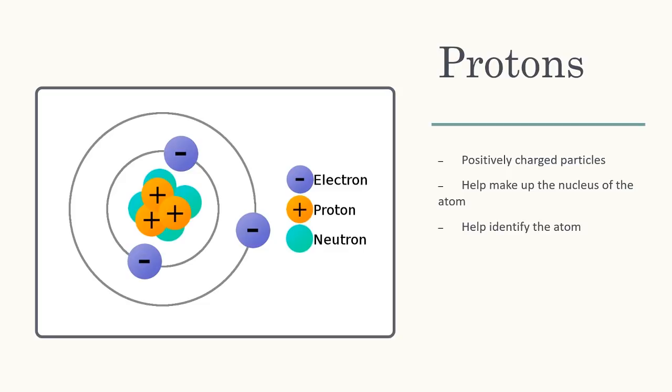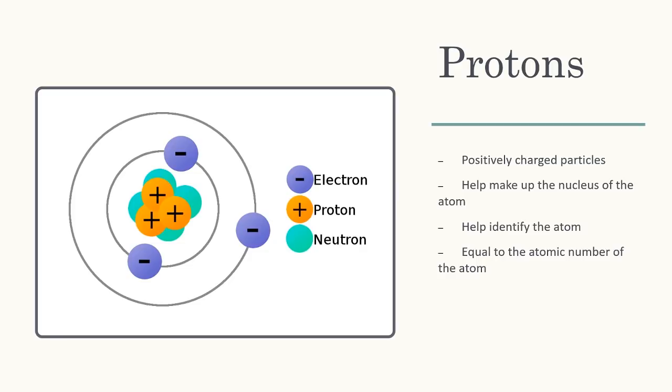The protons define the atom to a large extent. They're probably the most important piece when you're trying to identify what atom you're looking at, is to look at the protons first. That's going to tell you which of the elements you're looking at. The protons are always equal to the atomic number of the atom.